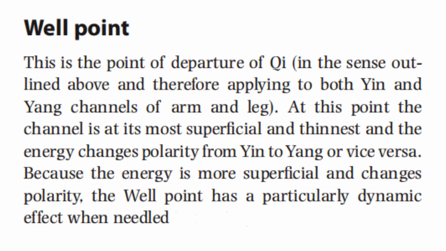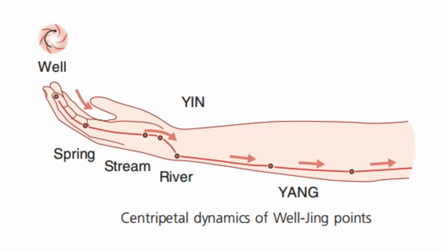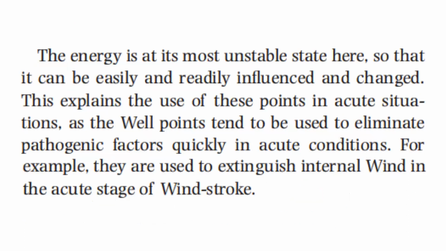Because the energy is more superficial and changes polarity, the well point has a particularly dynamic effect. So we have here the centripetal dynamics of the well Jing points. It starts with the well, followed by the spring, then stream, the river, and the sea. So it is going towards the center of the body.